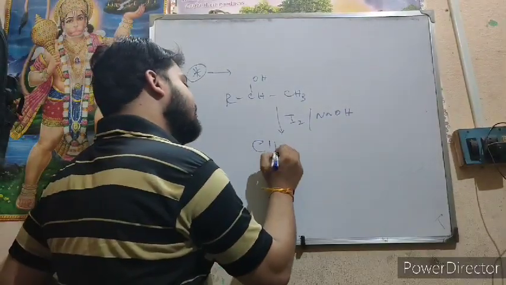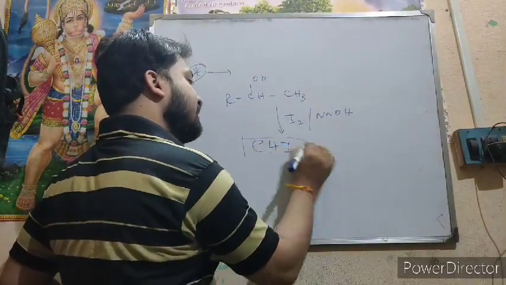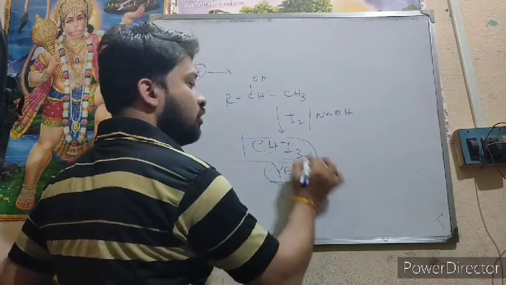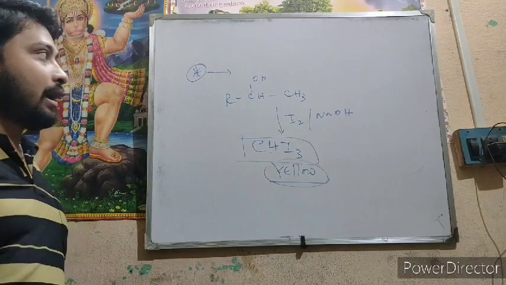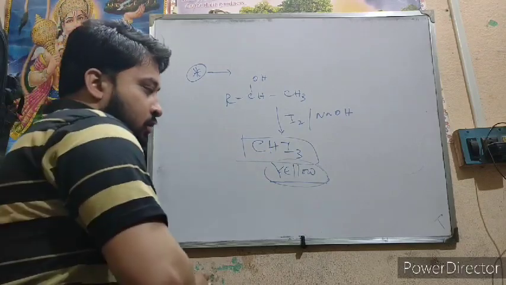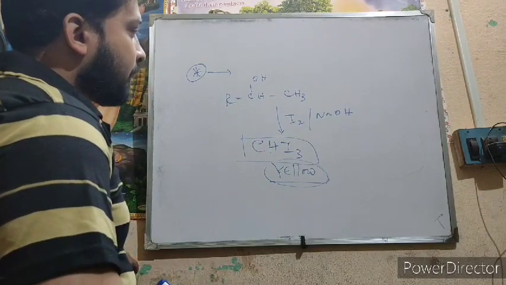Then you get CHI3. This color is yellow, and it gives you a yellow precipitate. So it is called the iodoform test.